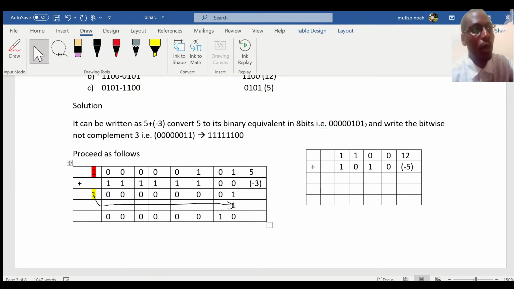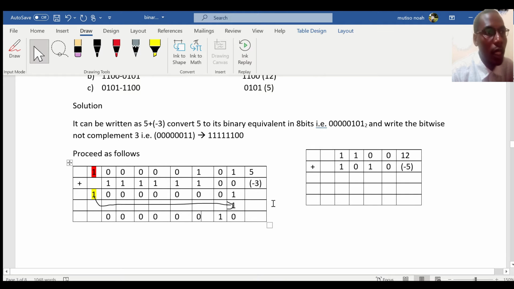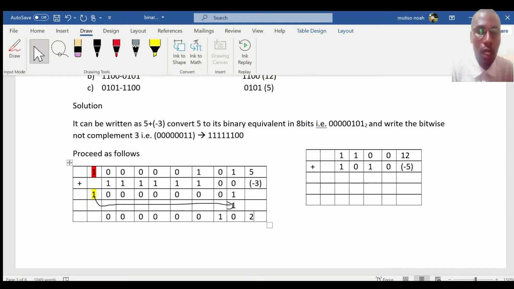All of them will be zeros. This was not the correct answer, but when we carried the overflow bit and added it back to the result, we got the correct answer, because this one is 2 in binary. In decimal form, that is 2.